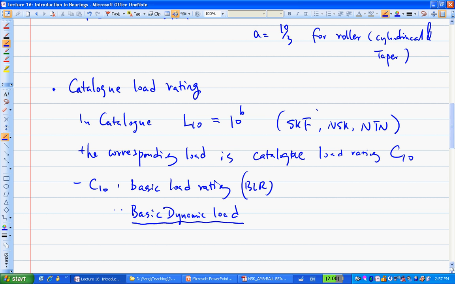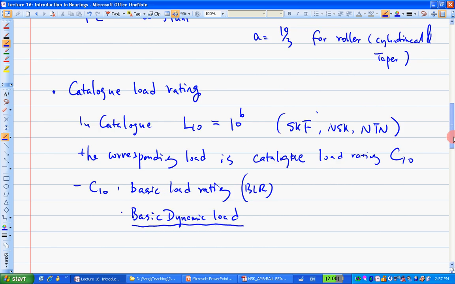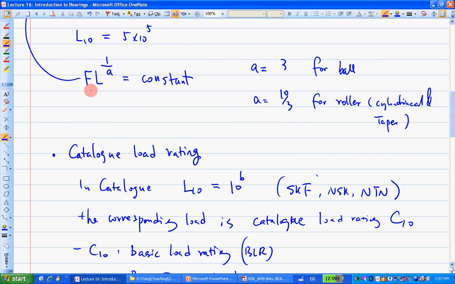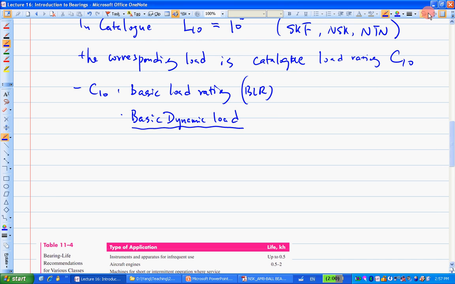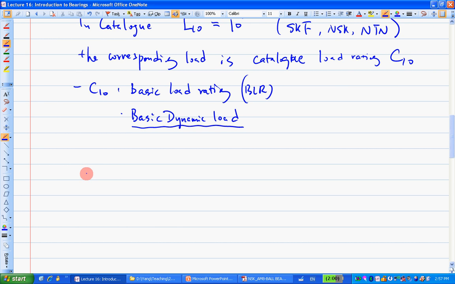Okay, so then back to this basic equation here. F L^(1/A) is a constant. So that means C10 times L10 to the power 1 over A equals any other load F times L to the power 1 over A, right?